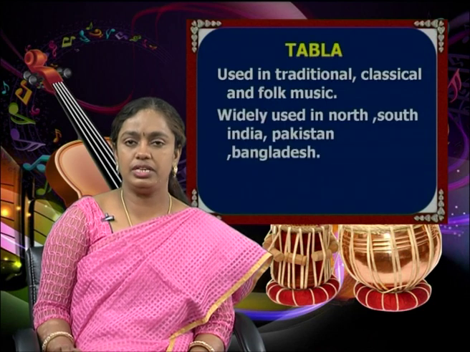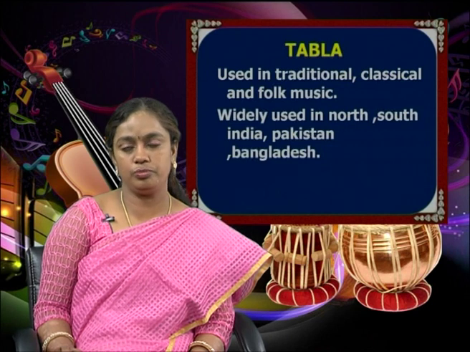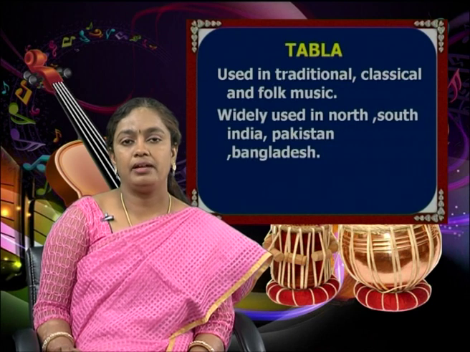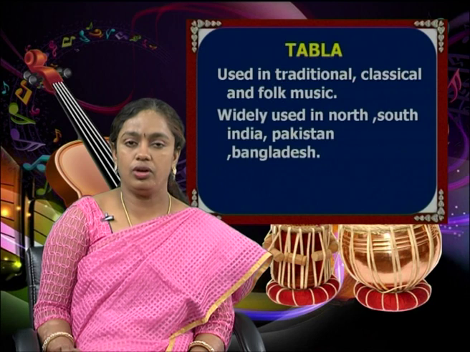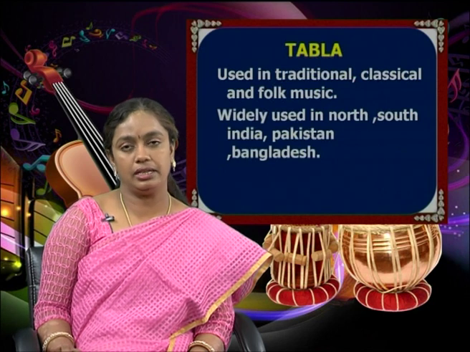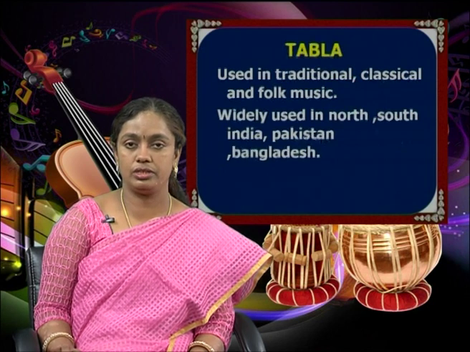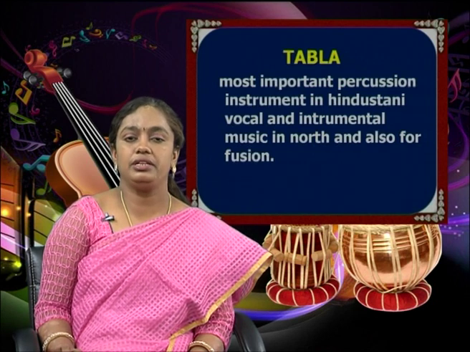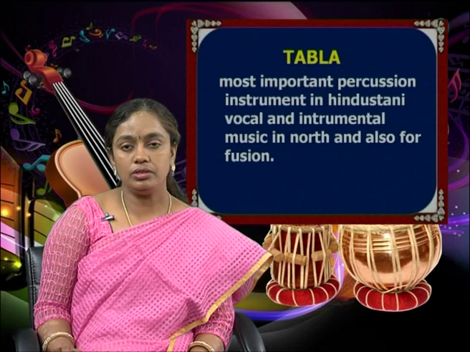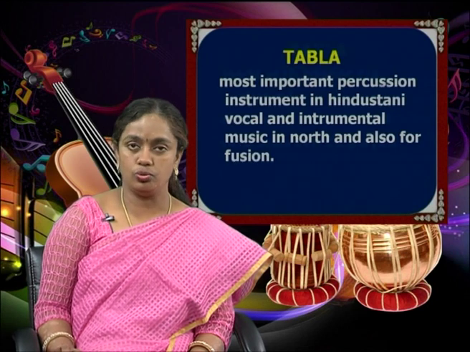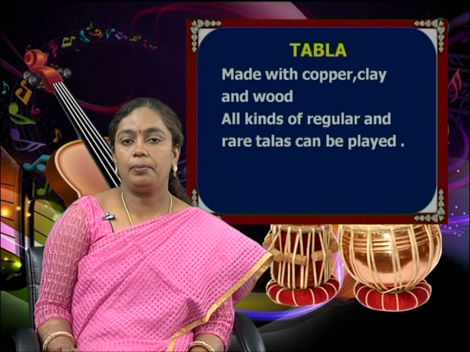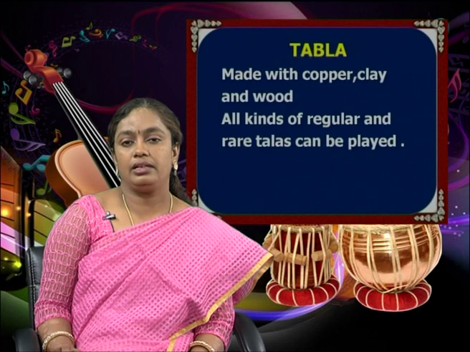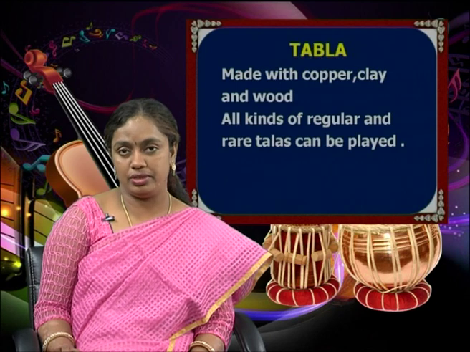Tabla is used in traditional classical and folk music of North India, and it is widely used in North, South India, Pakistan and also Bangladesh. It is the most important percussion instrument in Hindustani vocal and also instrumental music in North India and also for fusion concerts too. Tabla is made with copper, clay and wood. All kinds of regular and rare talas can be played on this instrument.